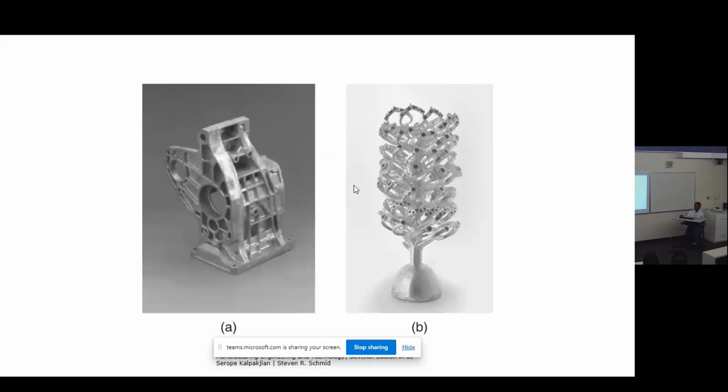But first of all, we need to know what is different about additive manufacturing from conventional manufacturing. In general, in conventional manufacturing, you need to have a form. Many of the parts that you see have different shapes and sizes, so you should be able to manufacture them.